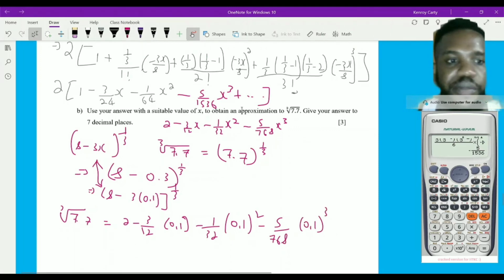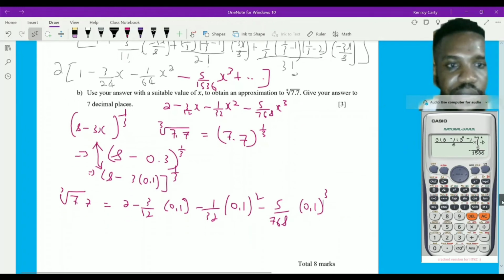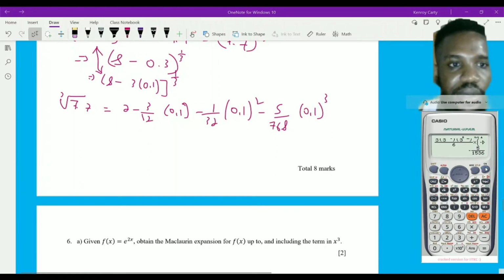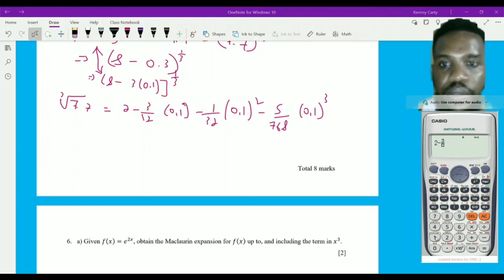All we have to do now is bring up our calculator and put all this in there. So let me just go down a bit here. I'm going to plug all this inside of my calculator, and whatever I get is my answer. So we have 2 minus 3 over 12. The 3 over 12 couldn't be broken down some more, right? That's a quarter.